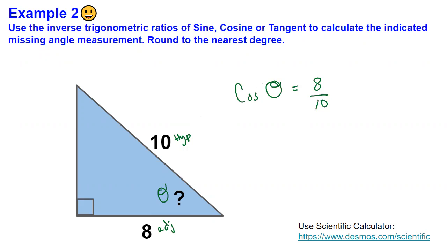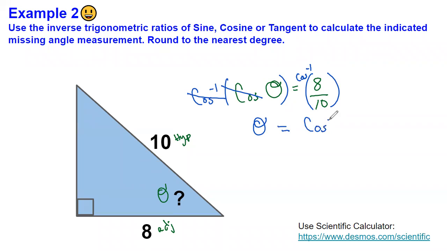So how do I get rid of that cosine on my left side? Inverse, so I have to do inverse cosine on both sides. So we're left with theta equals inverse cosine of my ratio 8 over 10.